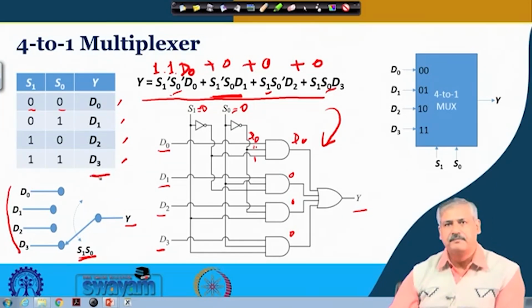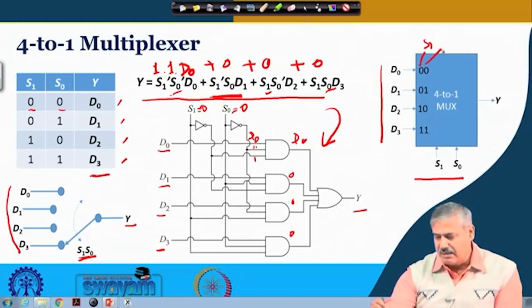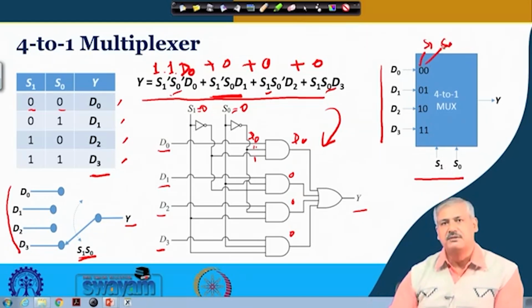Okay. So for the 4 to 1 multiplexer, when we give a block diagram representation, this is the block diagram representation: 2 select inputs S1 and S0 and 4 data inputs, these are the 4 data inputs, and there is 1 output. Of the 2 select inputs, the first one is S1 and the second one designates S0. Okay.